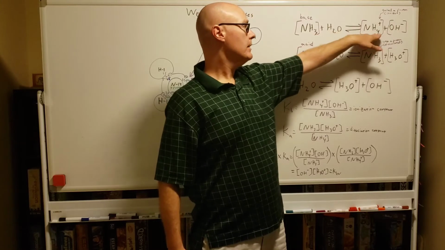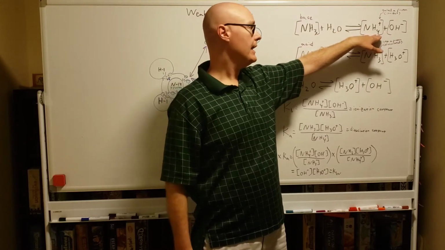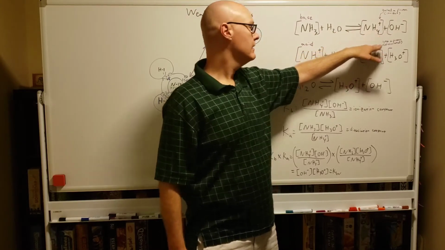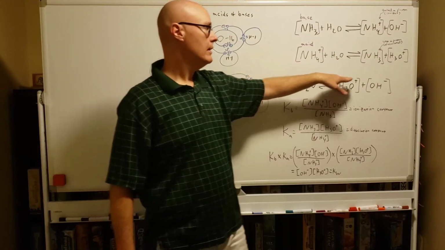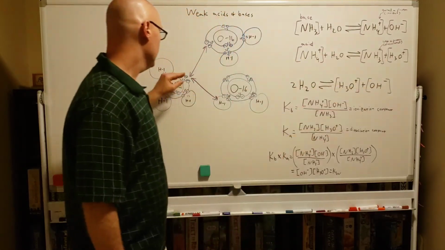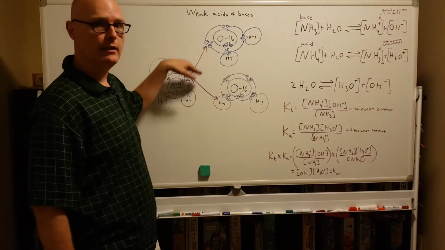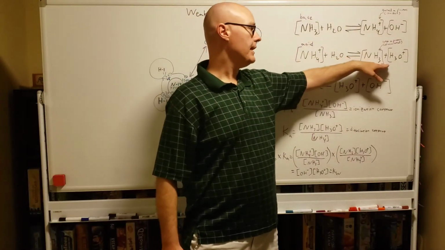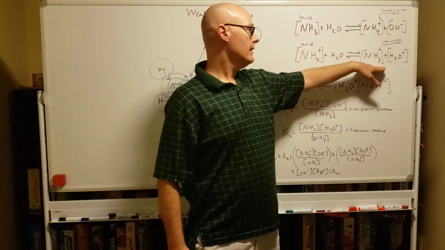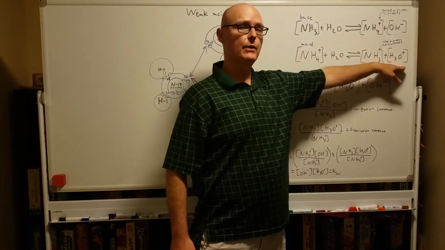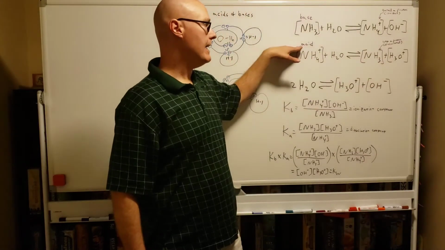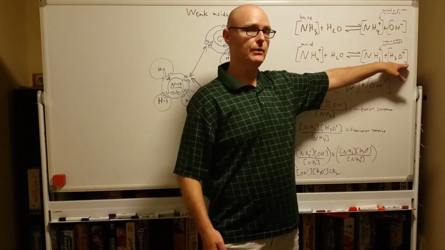In doing so, it also created a weak acid. My weak acid will dissociate. It will lose the proton and dissociate back into the base and hydronium. So another way you can identify an acid is because it produced hydronium.